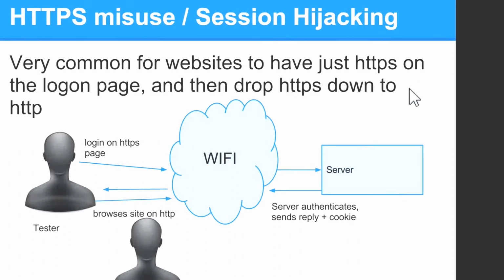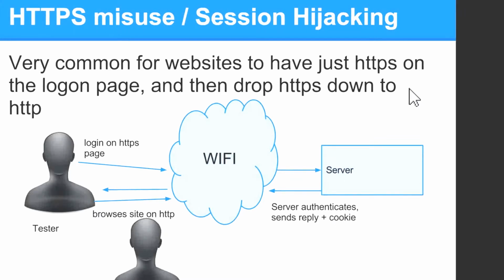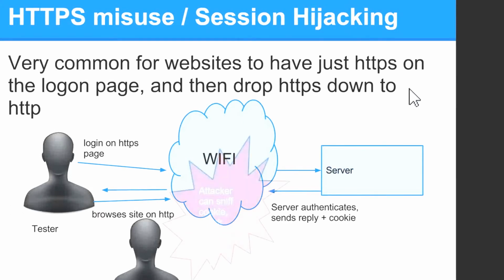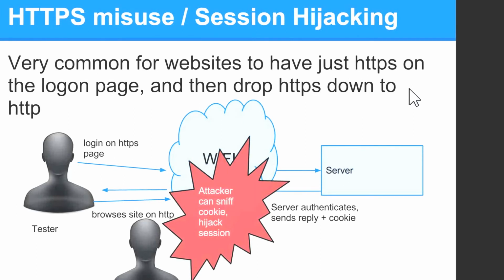Then he browses after the index page, maybe views a friend's feed, and that's being downgraded to HTTP. The next GET request that he clicks on is still sending that cookie because HTTP is stateless. The attacker sees that, and he can sniff that cookie, reuse it, and hijack your session.